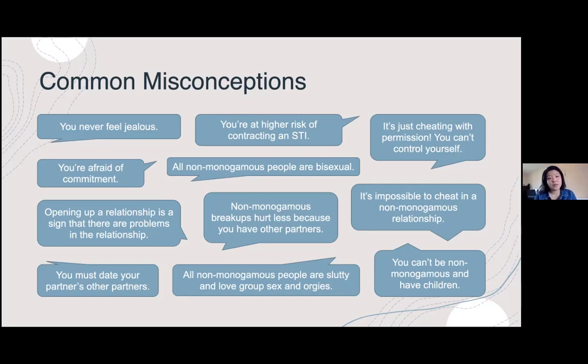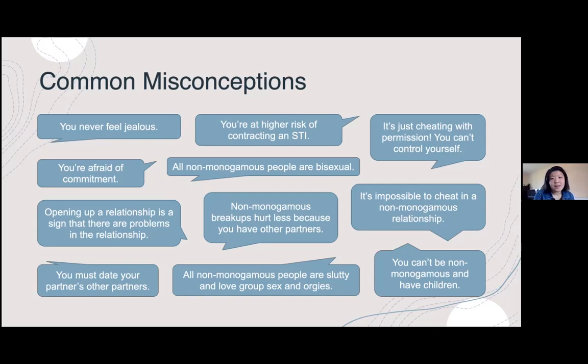So usually when someone feels jealous in non-monogamy, and I get a lot of queries about this, I ask them to do a bit of self-introspection and think about the root of why they're feeling this way. There's usually a reason behind it. So jealousy is not a barrier to non-monogamy, and you can be non-monogamous and absolutely experience jealousy.